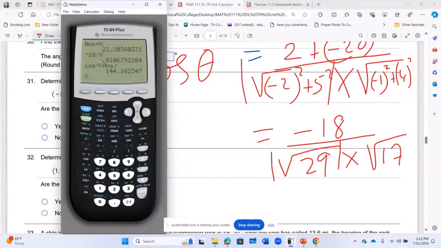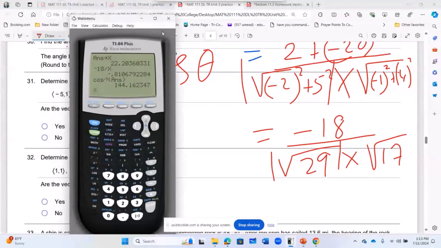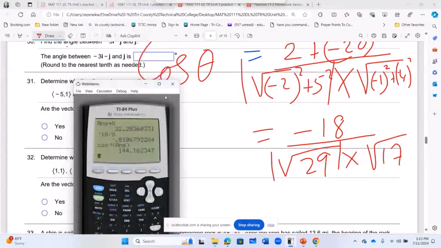So the angle between the two vectors is obtuse. Remember, we're looking for it in degrees, so the mode must be in degrees. To the nearest tenth, 144.2 degrees. The angle between them is 144.2 degrees.